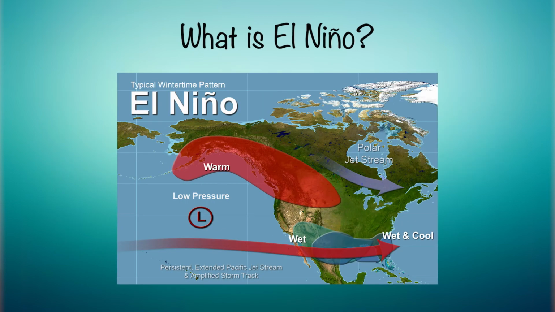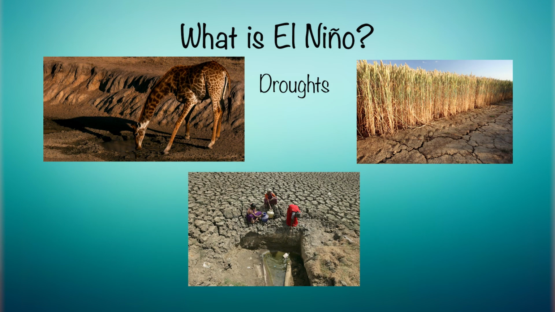When the wind is warm, or warmer air travels across the ocean, leaving the Pacific over to North and South America, we have an increase in dry weather. There is an increase in prolonged dry seasons, which refer to El Niño. And so we have drought, which affects plants and animal life.